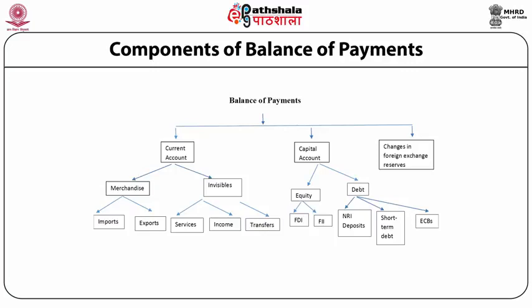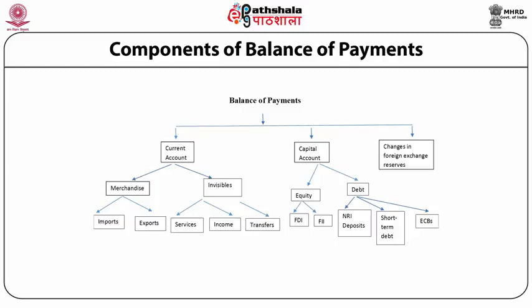Now in current account, it can be merchandise, it can be invisibles. In merchandise, we talk about imports and exports, while in invisibles, we talk about services, income, and transfer. As far as capital account is concerned, it is the combination of equity and debt.